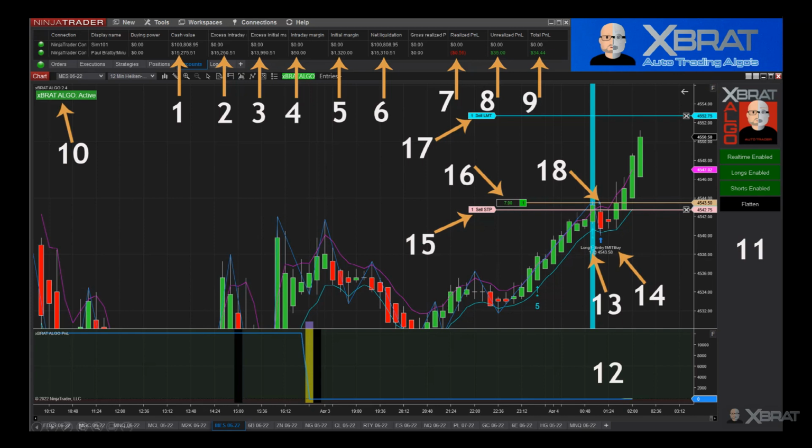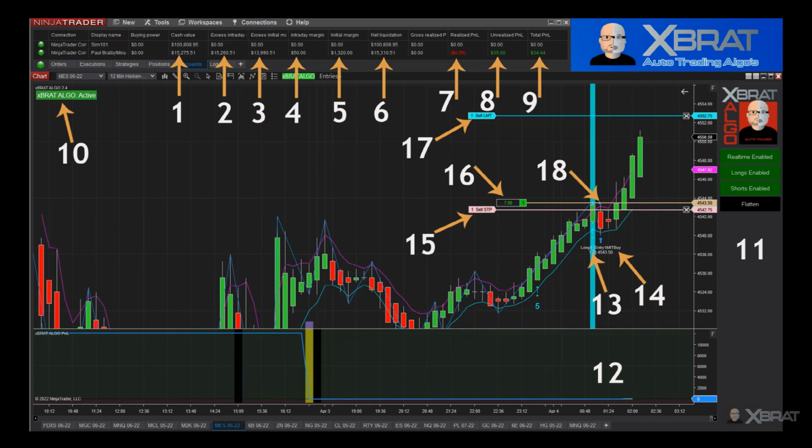Number 17 is the profit target for the trade. It's a sell limit order. It's automatically placed by the auto trader, and again, for each different time of the day and each instrument, that profit order is at different points. So when we're optimizing it, we might say that only 30 ticks at this particular time of day is a good average profit target.